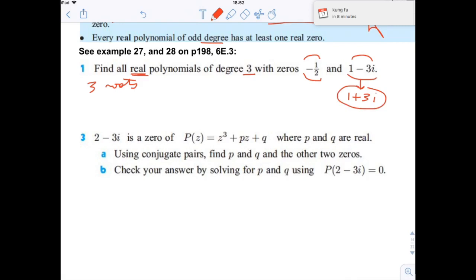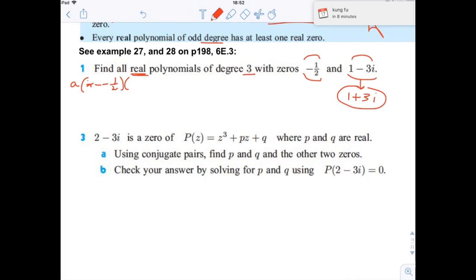Okay, so if we want to find all the polynomials that have these roots, then we would say it would be coefficient a, unknown, multiplied times x minus -1/2, which is the linear factor.